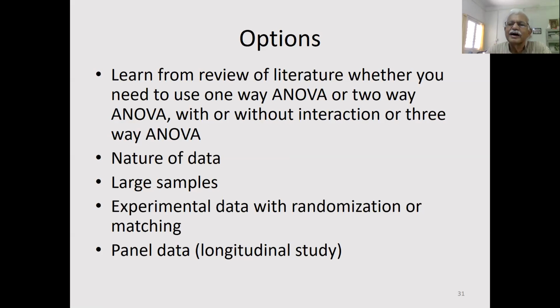But as the order of interaction increases, interpretation of the interaction term poses a severe difficulty. Like if x, y is significant, you can always say that the effect of x depends on the value of y, or the effect of y depends on the value of x.